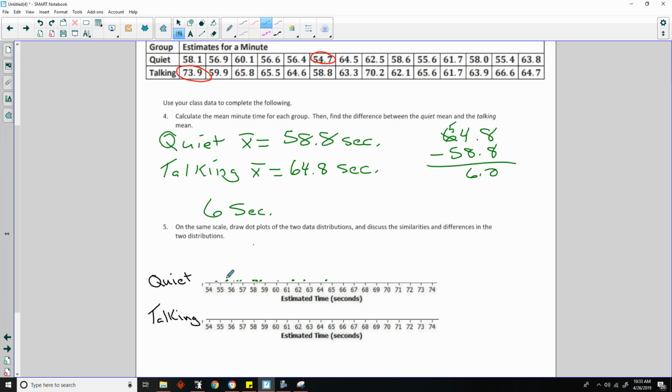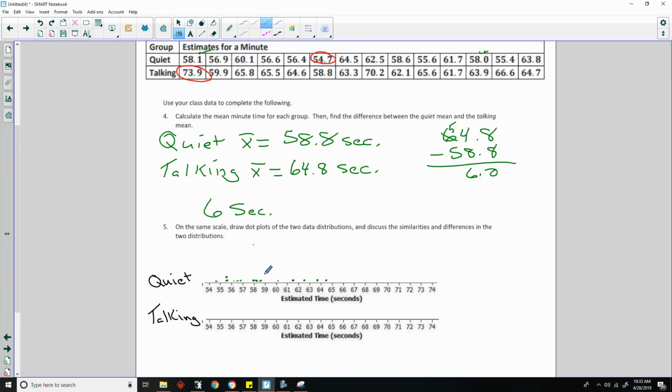All right, so 55.4 and 55.6 are fairly close, so I'm going to put these one above the other. 63.8 would be here. And there was another one really close, right by 58: 58.0 and 58.1.